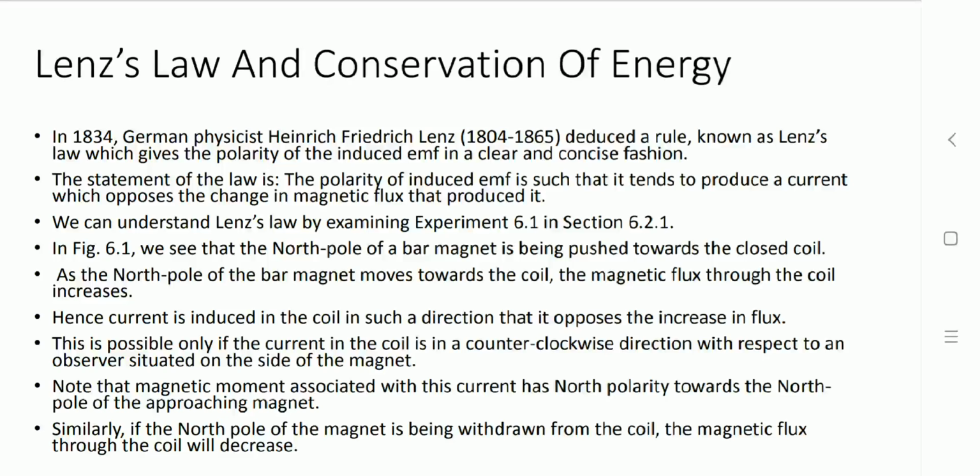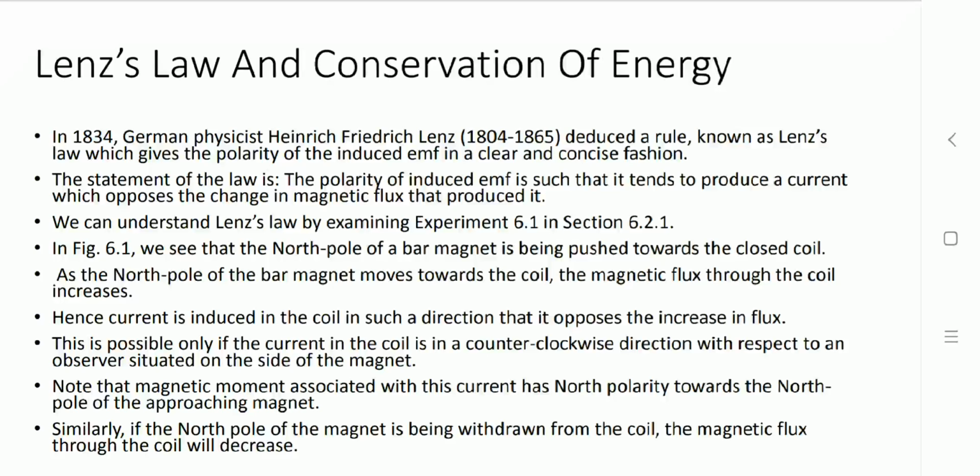Generally, whatever current is generated always opposes the magnetic flux. And as the opposition is there, based on that the polarity of EMF and polarity of generated current will be decided.